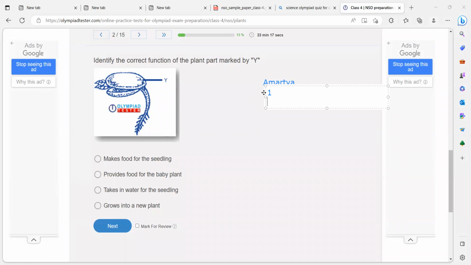Identify the correct function of the plant part marked by Y. Then seed coat. You can see the seed. What is the function of Y? You have to tell me. So tell me whatever you think is correct. Ma'am, again tell me, please. Tell me whichever is correct. What is the function of Y?